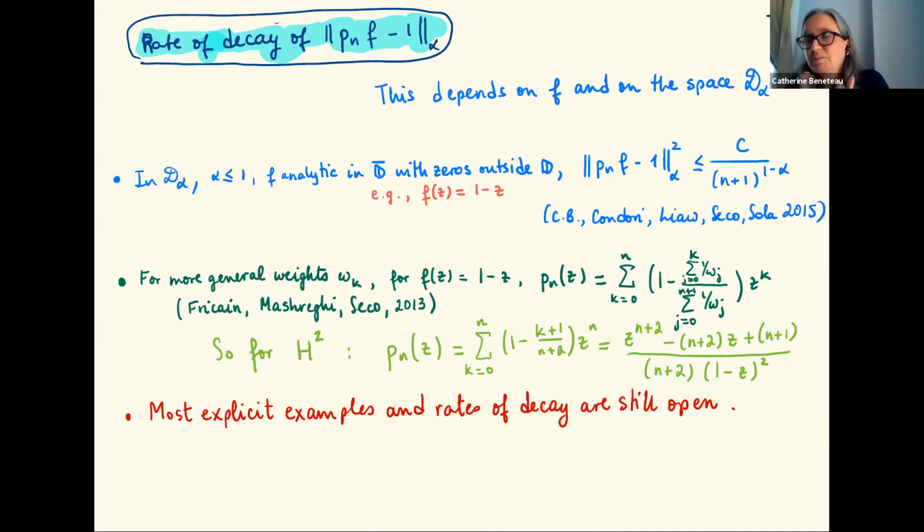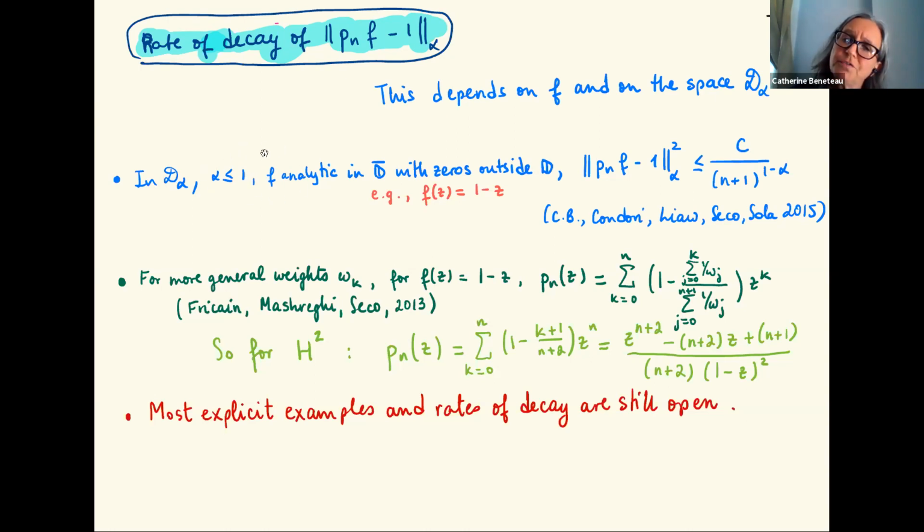Just immediately past it, those D alpha spaces become algebras, so they're a little less interesting from this point of view. For the optimal approximants, we know exactly when functions are cyclic: they can't have zeros in the closed disk. So we studied this situation for alpha less than or equal to 1.